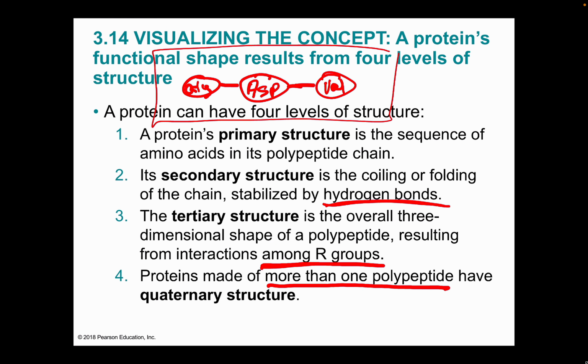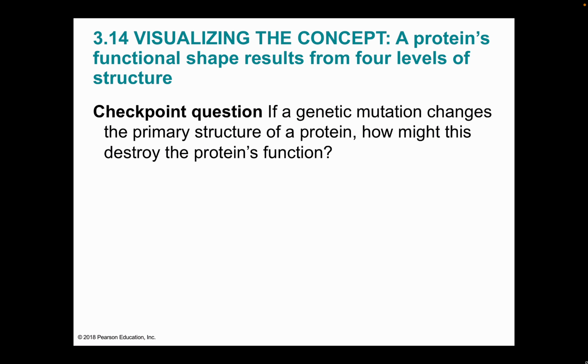There are proteins that can be made of 4 amino acid chains that are complexed together, or 6 amino acid chains like hemoglobin that are interacting with each other to make this overall three-dimensional structure that can execute a certain function. So not all proteins end up being quaternary proteins, but to be functional, they do need to exhibit secondary and ultimately tertiary structure.